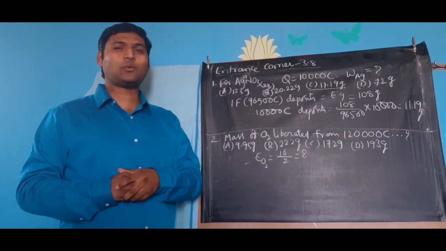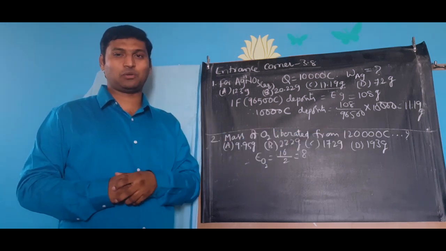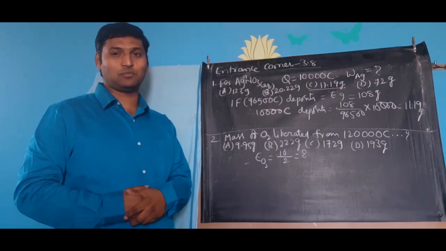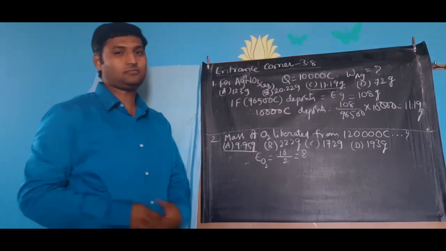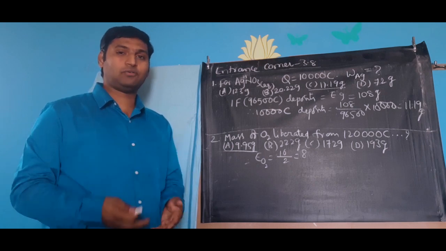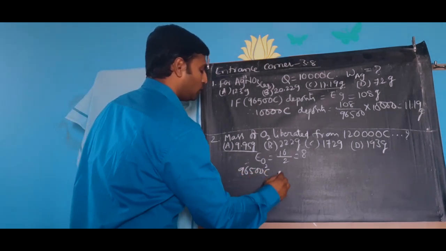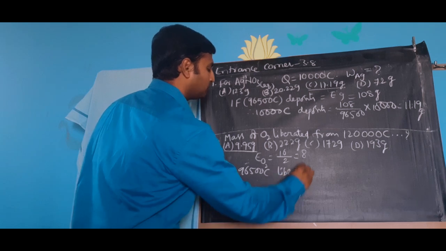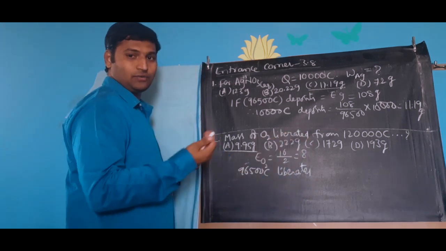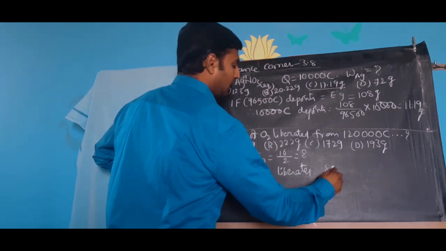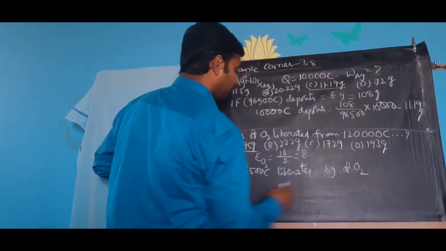Then, 1,20,000 is slightly more than 1 lakh. So, it must be slightly more than 8 grams. Which option do you have slightly more than 8 grams? That's it. However, let me solve it for you. 96,500 coulombs liberates, because oxygen is a gas, I use the word liberates, 8 grams of oxygen.